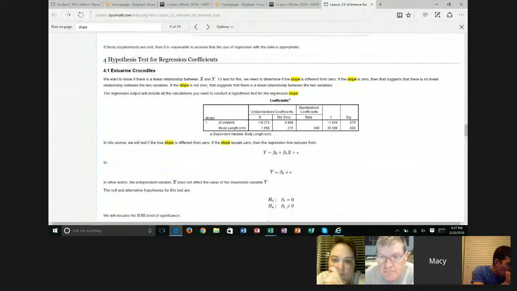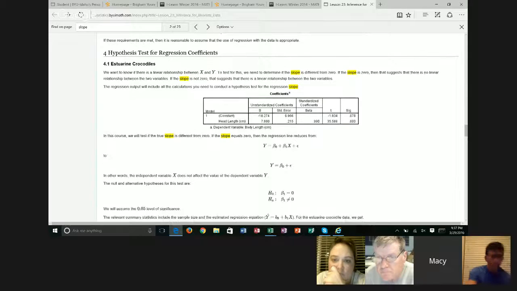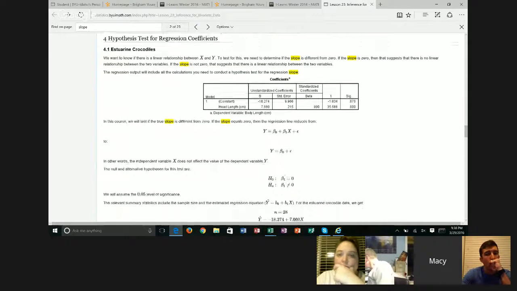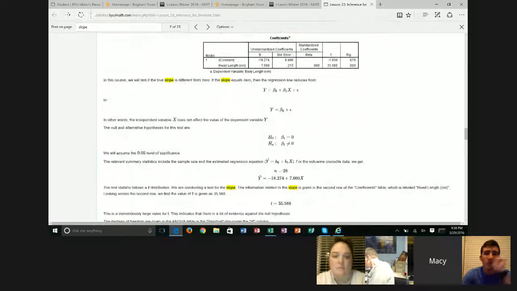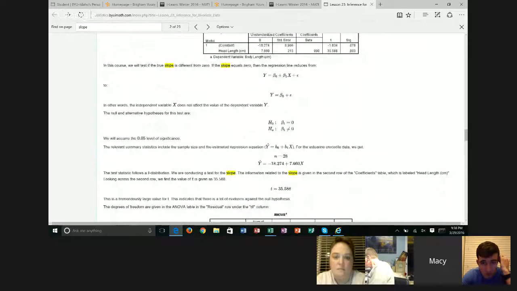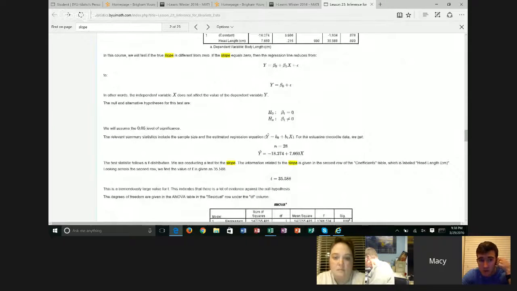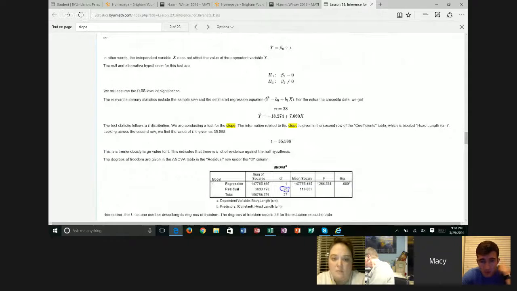Yeah, it's right here. So there is a linear relationship with the two variables, the slope being different from 0. Yes, but which number? No. This is in the second table. Here we go. The information related to the slope is given in the second row of the coefficients table, which is labeled head length.